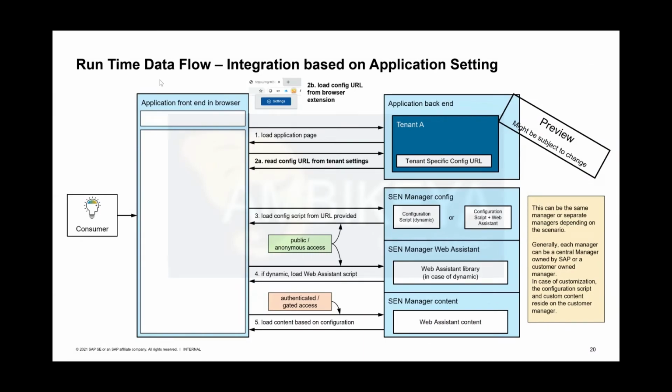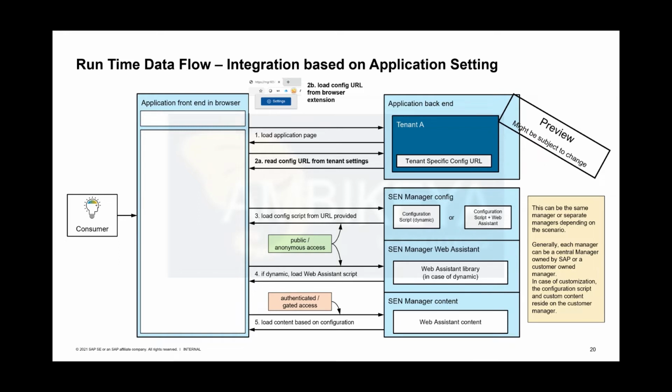So the data flow from the back end of the target application, which is a random tenant of a random application called tenant A on the right-hand side, with the tenant-specific config URL, which is the host of that particular configuration.